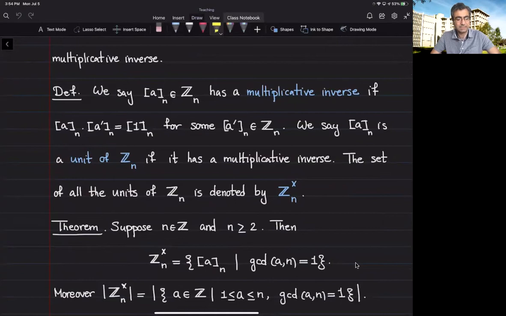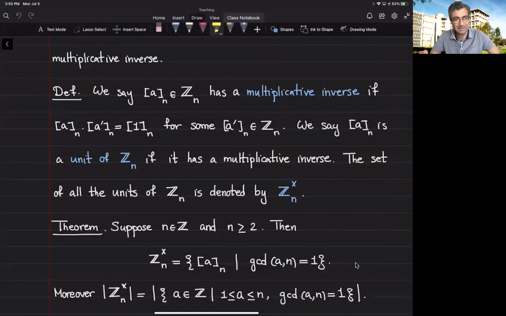And the neutral element of Z sub n with respect to multiplication is the residue class of 1. So if there is a residue class A prime, so that residue class of A times residue class of A prime ends up being the residue class of 1, we say the residue class of A has a multiplicative inverse. Alternatively, we say residue class of A is a unit of the ring of integers modulo n.